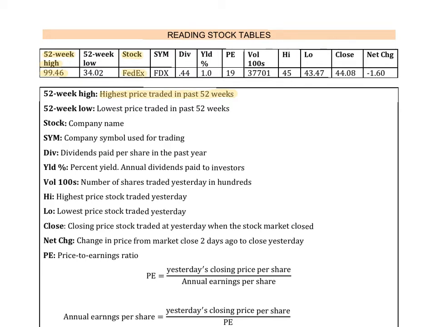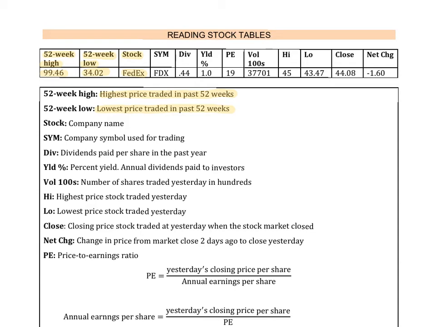And it was actually a few years ago. So the 52-week high, or the highest the stock traded for in the past year, was $99.46. So the 52-week low is the lowest price traded in the past 52 weeks. So the past year, the lowest price that FedEx traded for was $34.02.